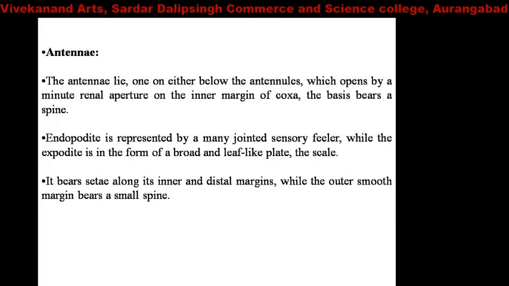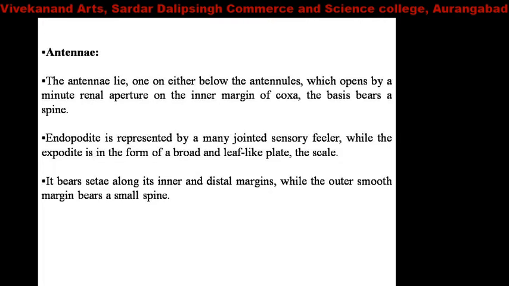Next, the antennae are present. Antennae lie one on either side below the antennules. Exactly below the antennules the antennae are present. The antennal gland opens by a minute renal aperture on the inner margin of the coxa. The basis bears a spine.